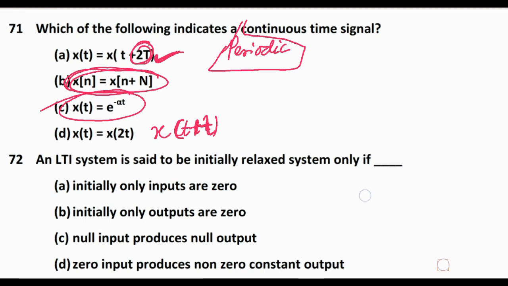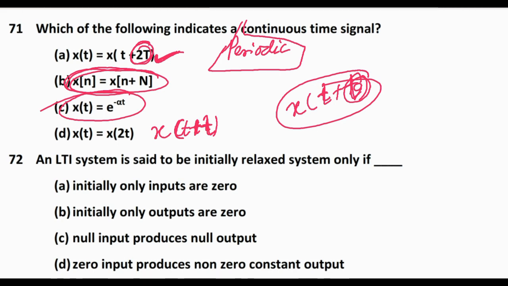Suppose I am writing sin(omega t + 10). Here 10 is the period after which, suppose this one is x(t + 10), then 10 will be the period of x(t). If I write t here, then as we vary t, this will also vary, and this is not a periodic function.